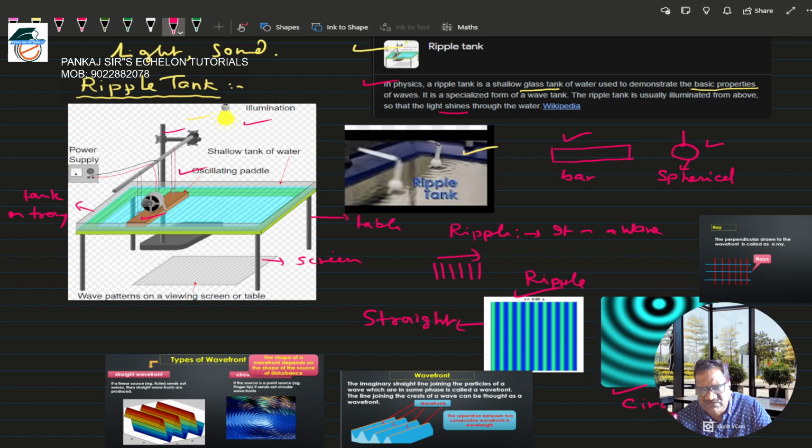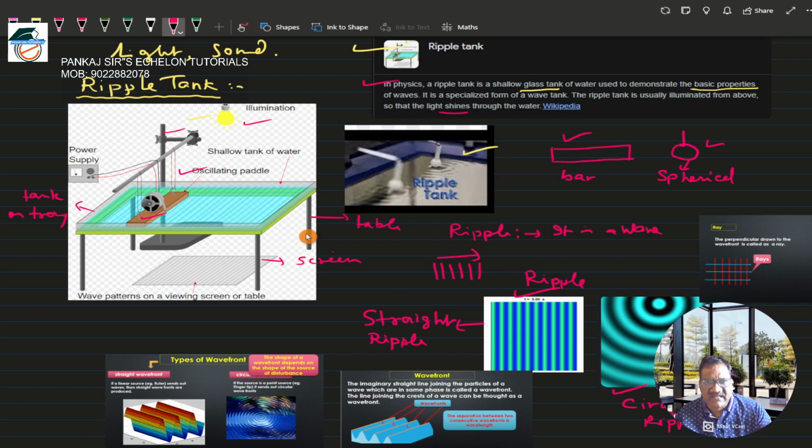So basically there are two types of ripple: circular and straight. This ripple formation will help you a lot in understanding the behavior of a wave, and this ripple formation can be obtained with the help of something called a ripple tank.